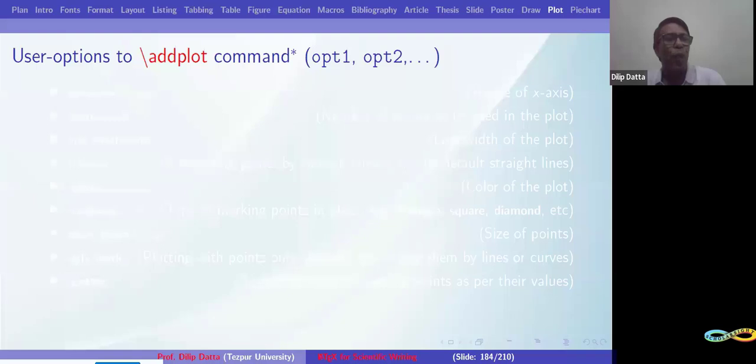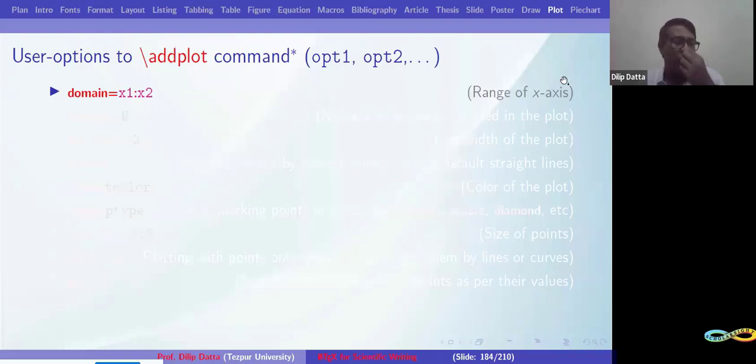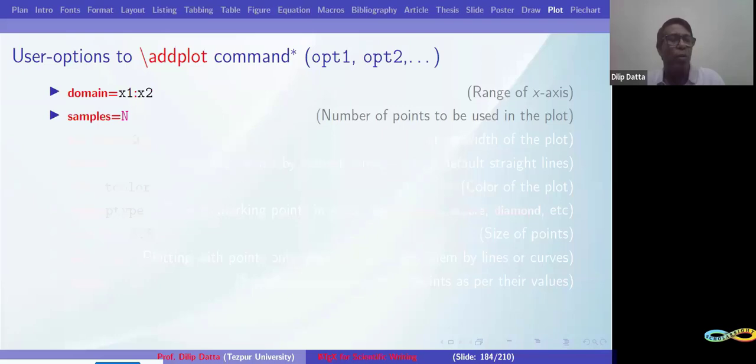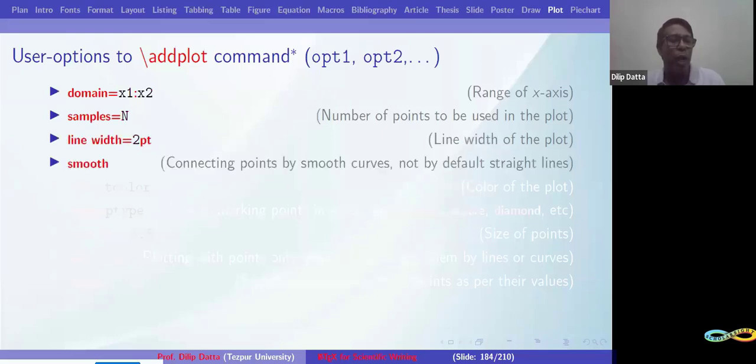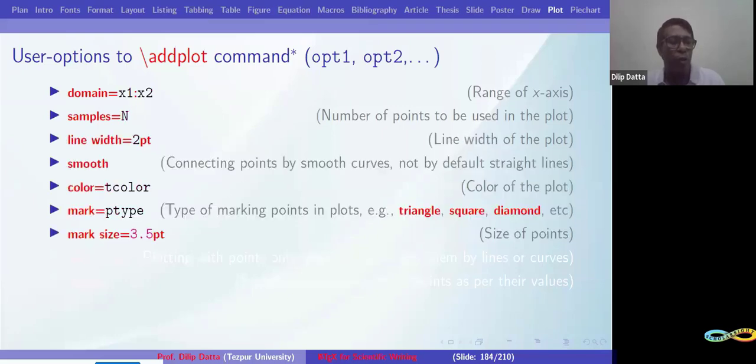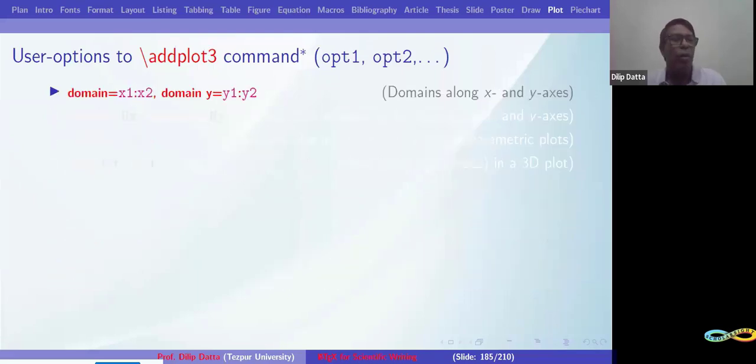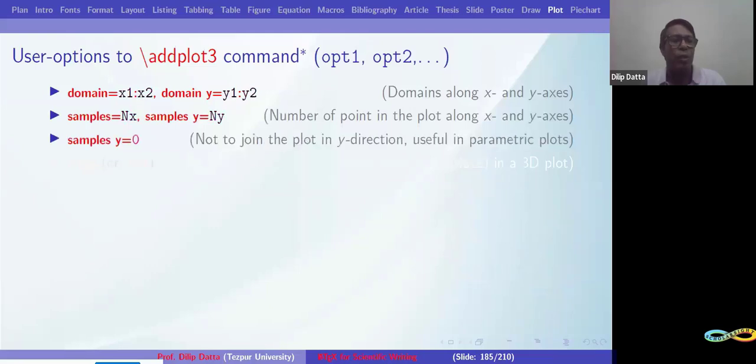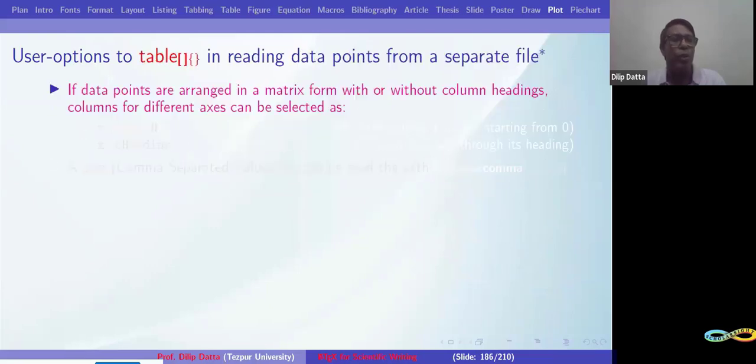Similarly, user options can be given to the addplot command also in this square bracket, which could be, say, domain, then number of sample points, line width, defining these things. I will show some in an example, of course. Now user options for a 3D plot will be this.